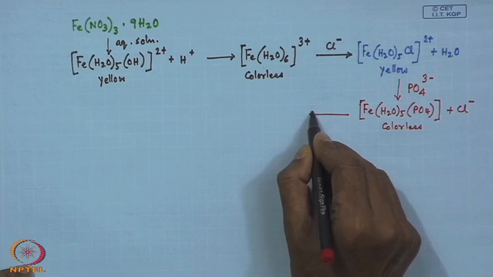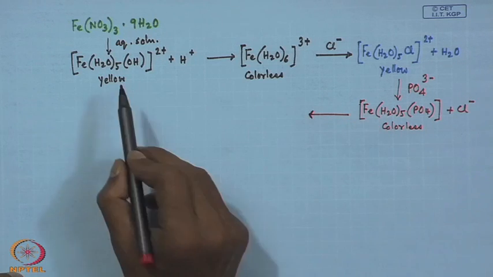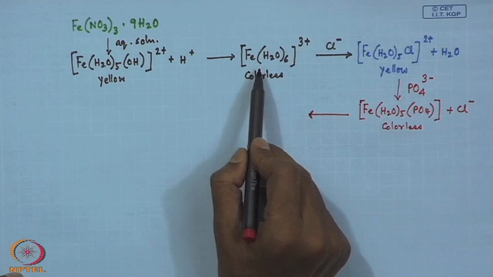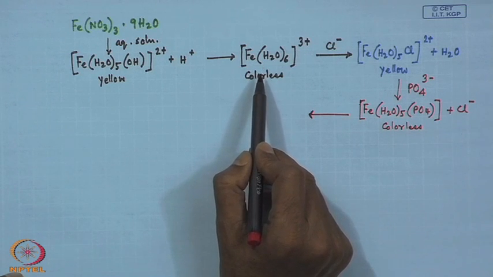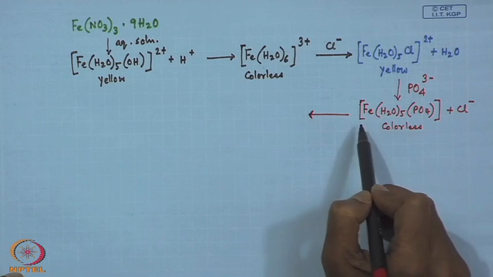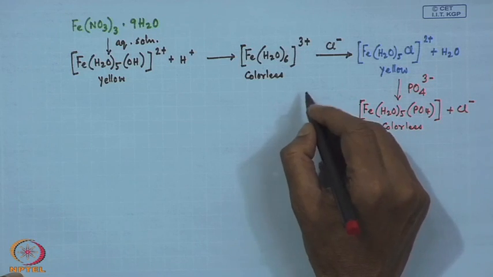And what we have seen in our previous reaction is that this particular species is reacting with thiocyanate. At this point, the thiocyanate is forming a strong bond with the iron site.